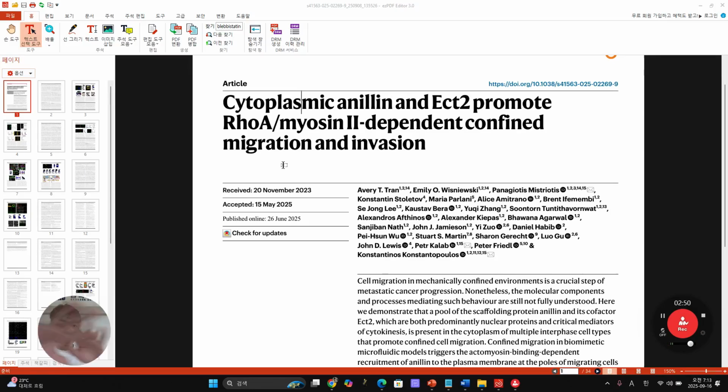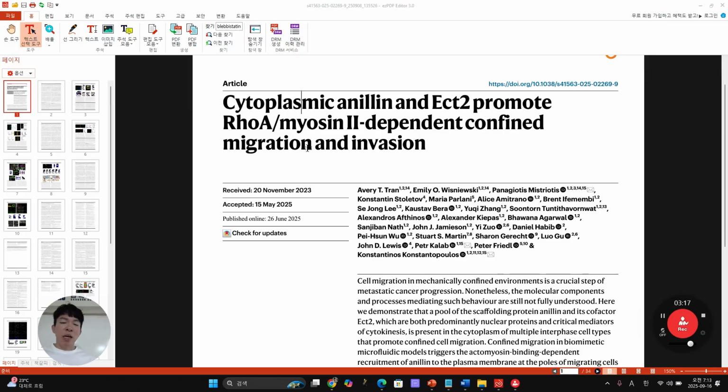They have to penetrate the extracellular matrix, which means very small pores, sometimes 10 micrometers, sometimes 2 micrometers. The average cell diameter is around 20 or 30 micrometers, so when they penetrate a very small pore, they are confined, meaning they are squeezed. This is the meaning of confinement.